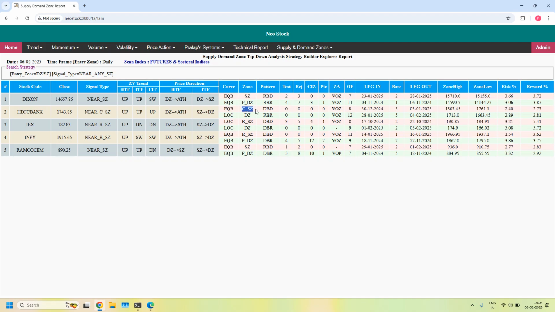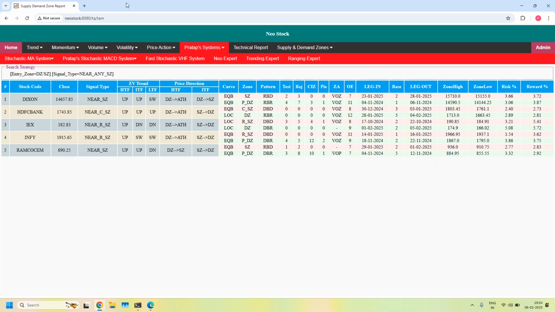HDFC Bank is having a high liquidity zone. IEX is a pierced zone, so we can't use. INFI is having a high liquidity daily supply zone. That's it. We have identified 2 high liquidity daily supply zones, HDFC Bank and INFI, from this list.